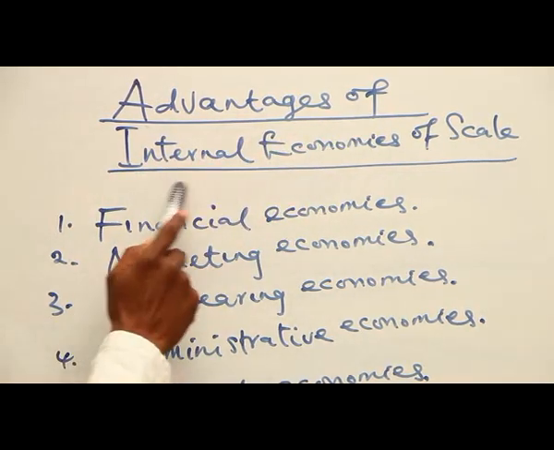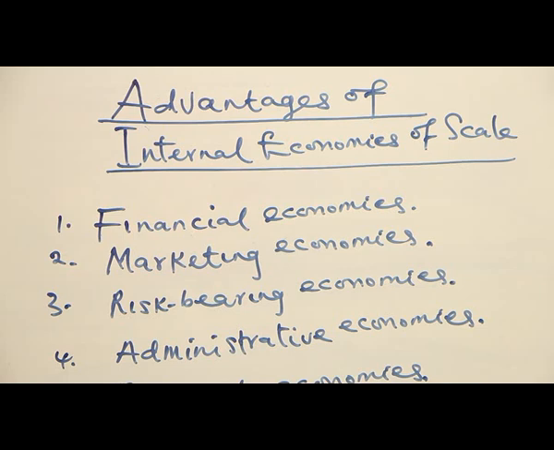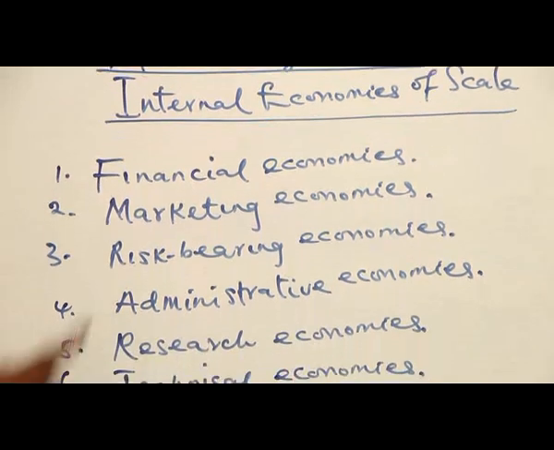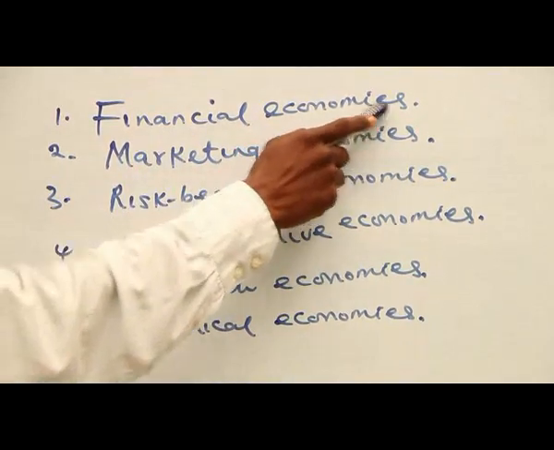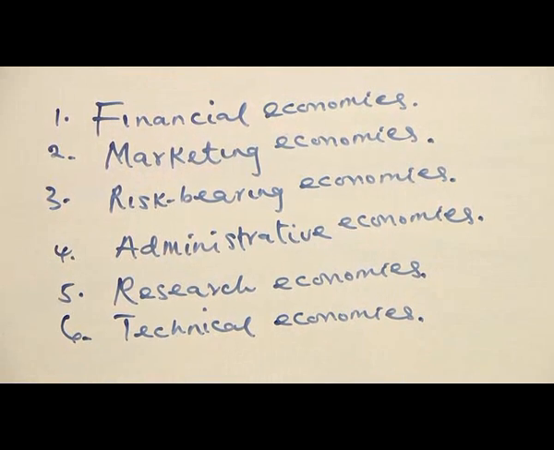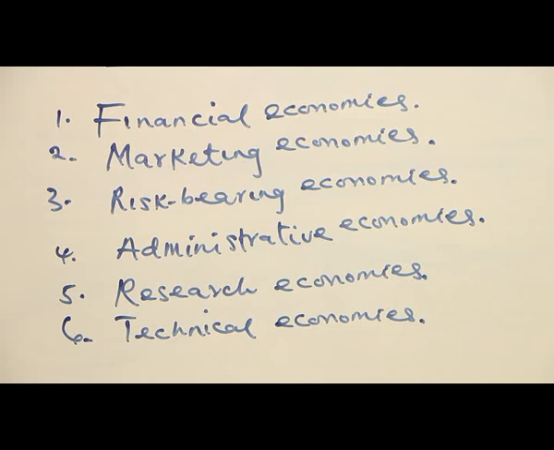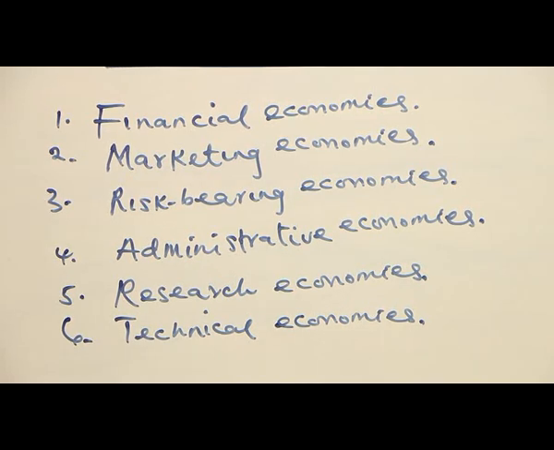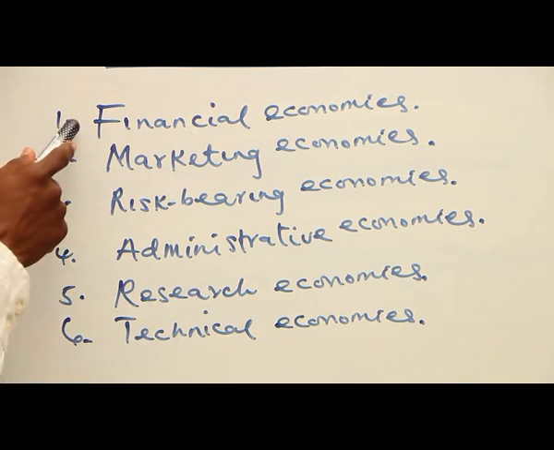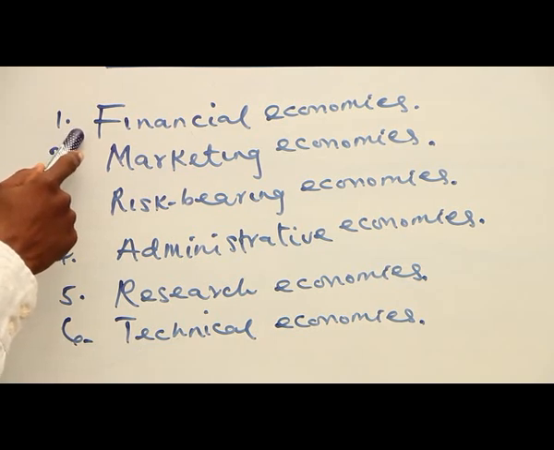Advantages of internal economies of scale. Number 1, financial economies. What do you mean by financial economies in relation to internal economies of scale? If a firm is able to have access to a fund in order to expand, then the firm is having what we call financial economies of scale.